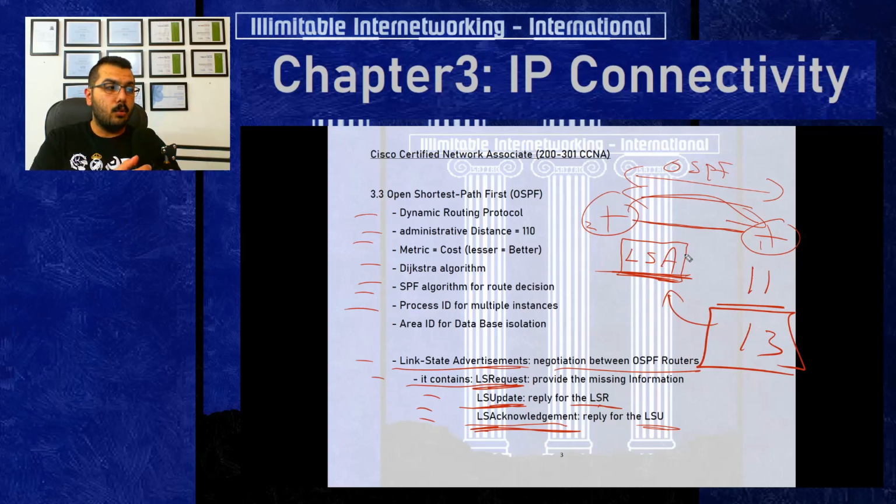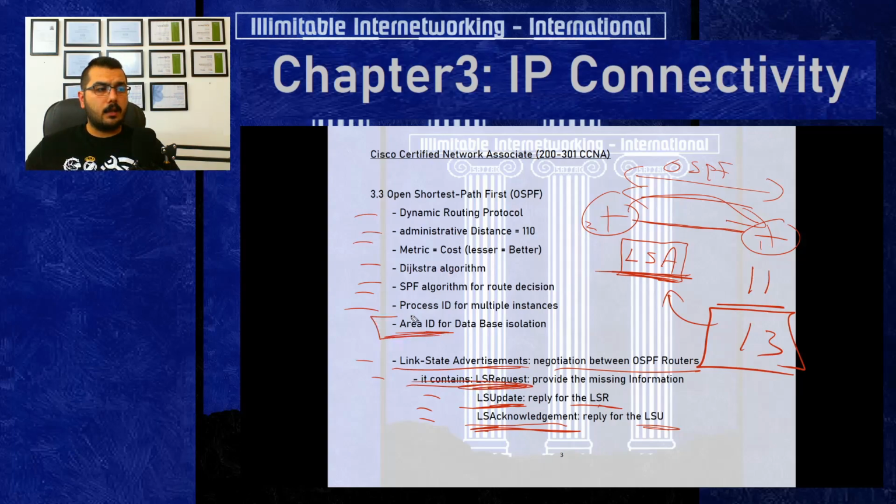So we will know in the advanced, professional, specialized, even expert technologies and certificates, the 13 types of LSA, each one of them and its function, when it will be sent, in which cases and scenarios, and what to expect from them when they are sent or received. So in the higher level studies you will know types of areas and types of LSAs.